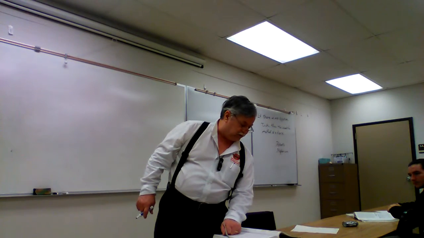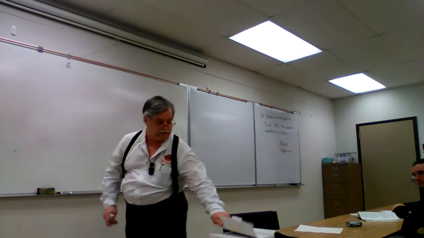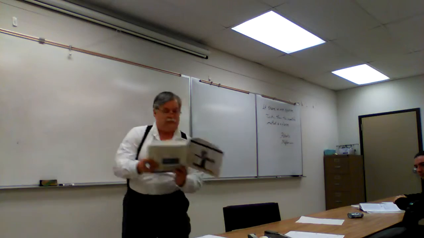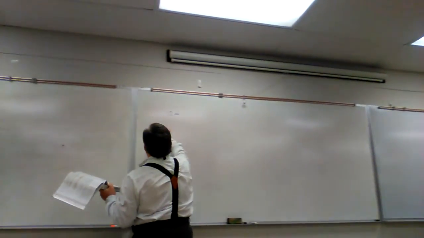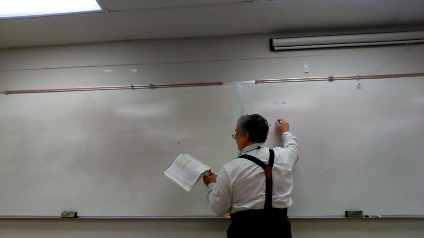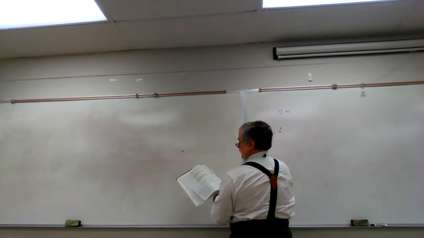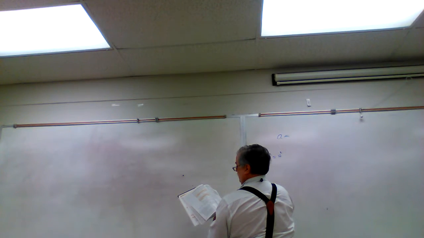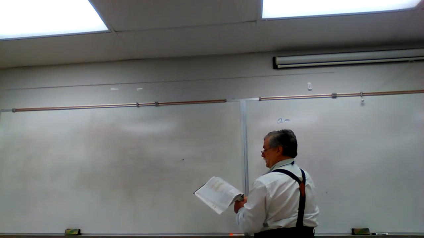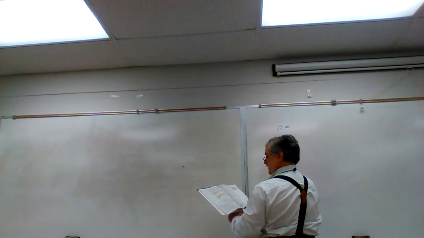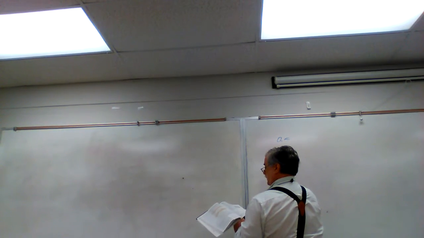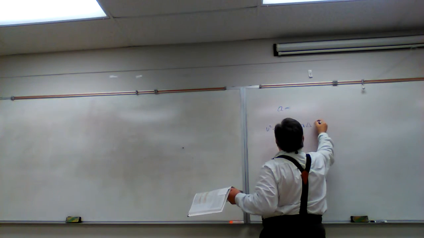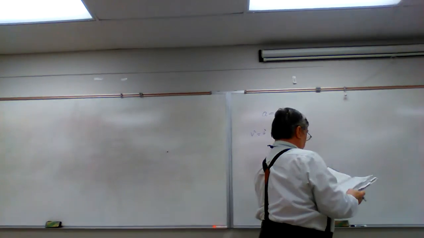Let me write this down up here. One of the kinematic equations: V squared is equal to V naught squared plus 2 times the acceleration times delta x, change in position.